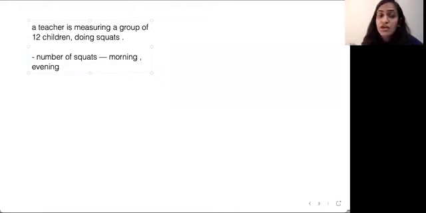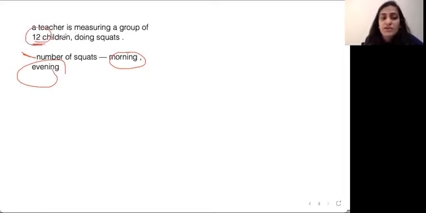She wants to see if there is any difference in the number of squats done by the children in the morning or in the evening. So there are two groups, right? One group she's checking in the morning, one group she's checking in the evening. She's checking the number of squats. But is it the same 12 people in each group, or is it different 12 people in each group?